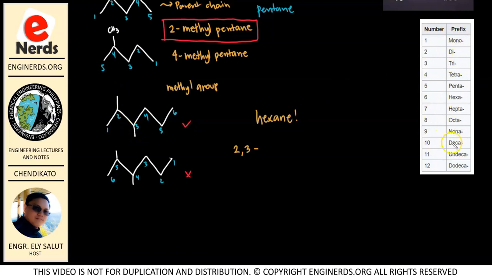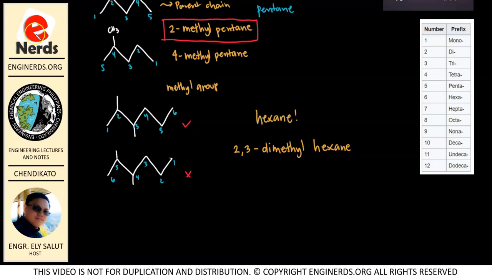If we have 2, we use di. If we have 3, we use tri. If we have 4, we use tetra, and so on. We have 2 methyls, so we use the prefix di, followed by our group, methyl, so we have dimethyl. And our parent chain is hexane.